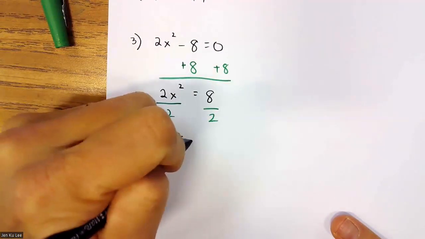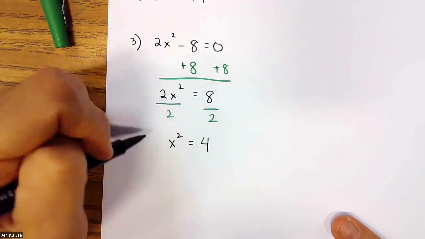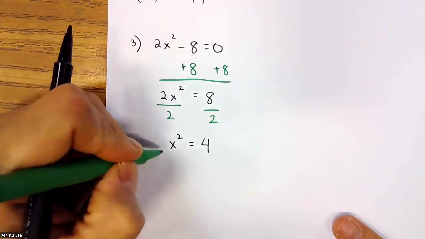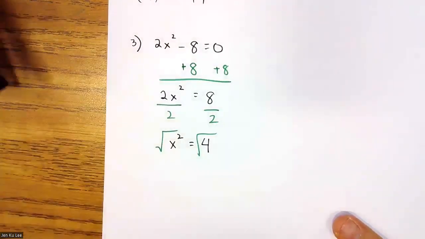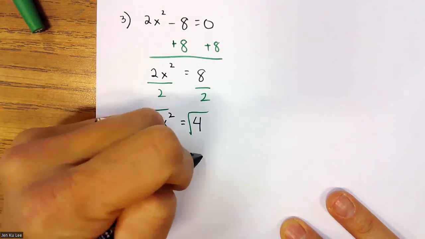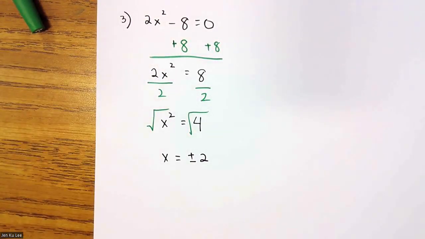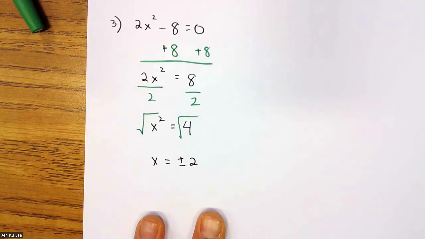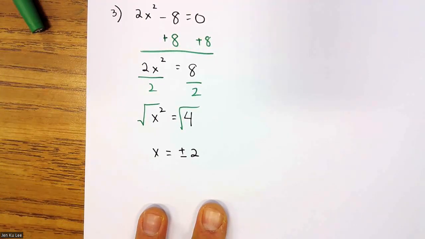So x squared equals 4. And in order to get rid of my squared, I square root it to get x equals plus or minus 2. Questions on that? No, right? Fairly simple.